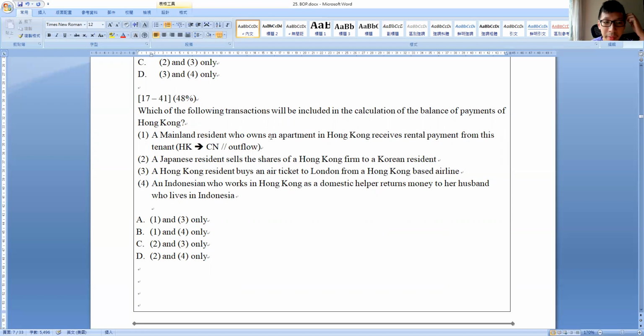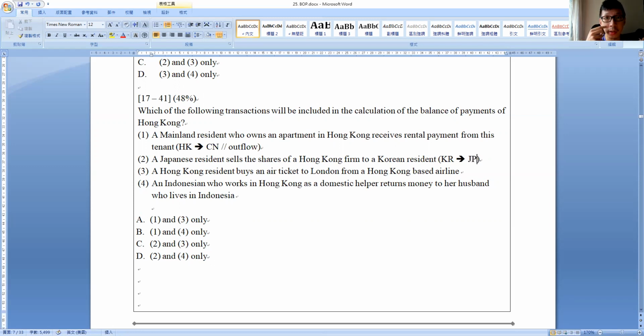Now, what about number two? Number two, a Japanese resident sells the share of a Hong Kong firm to a Korean resident. Now, look at here. Who is paying? Korean. Who is receiving? Japan. Korea paying Japan, does it have anything to do with Hong Kong? No, it has nothing to do with Hong Kong.